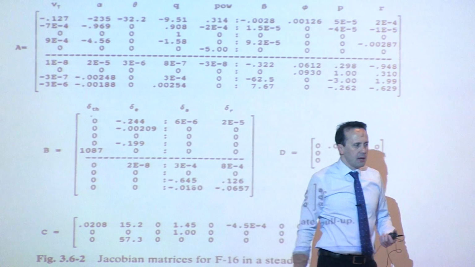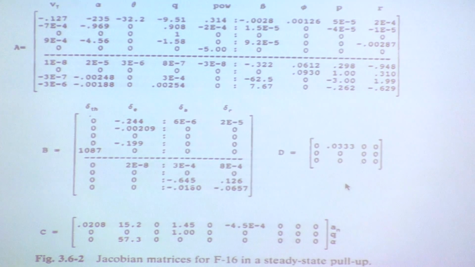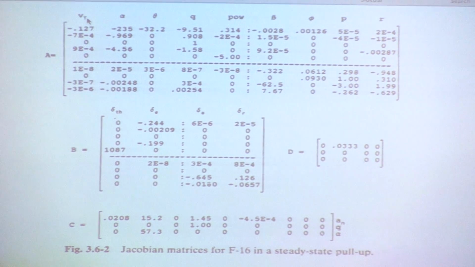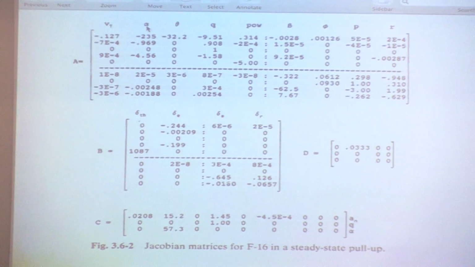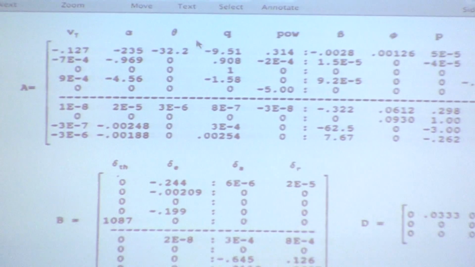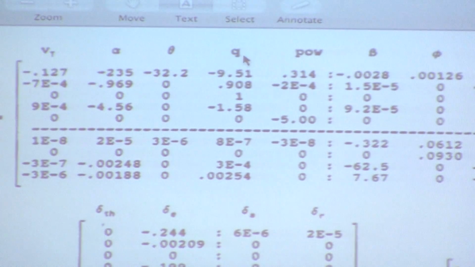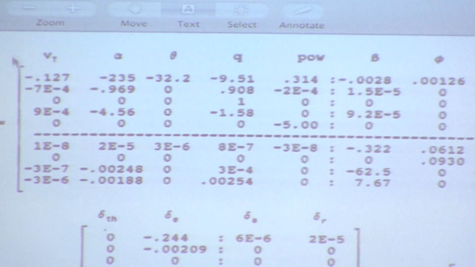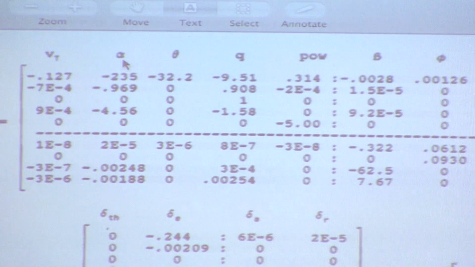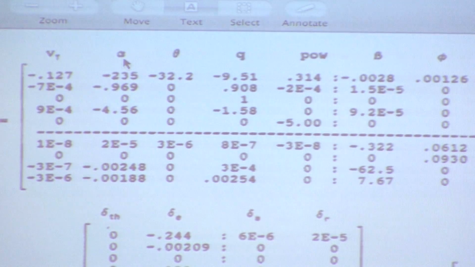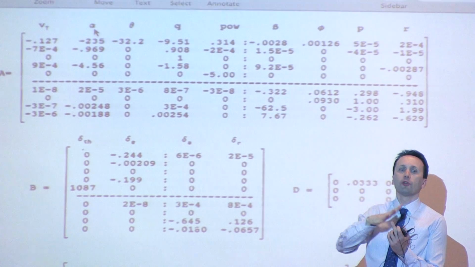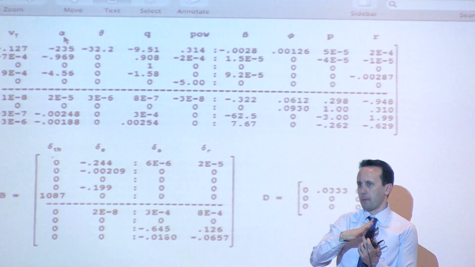And if you look at the A matrix, on the top you see Vt, the true airspeed, and then you have alpha, angle of attack, and you have theta, and you have q over here. And you understand that alpha here is replaced by our w. W was the aircraft's velocity in the z body direction, remember?